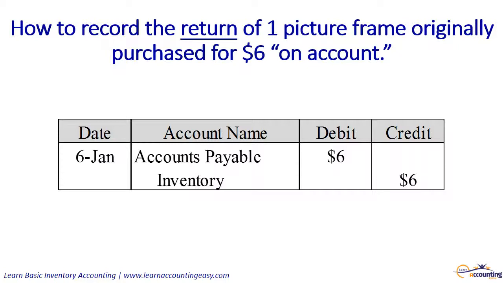So accounts payable, the liability that we had to the supplier, which was originally $12, it's being reduced by $6, so now we only owe the supplier $6. And the inventory account, originally it went up by 12. Now it's going down by 6. So now we only have inventory from this original purchase of $6.